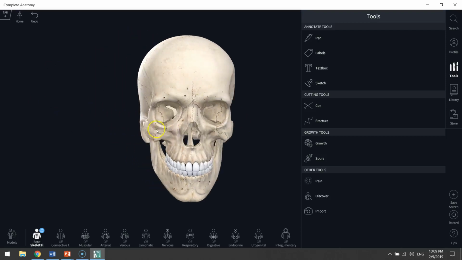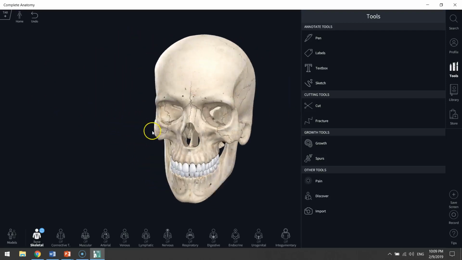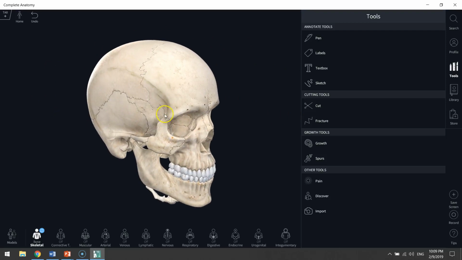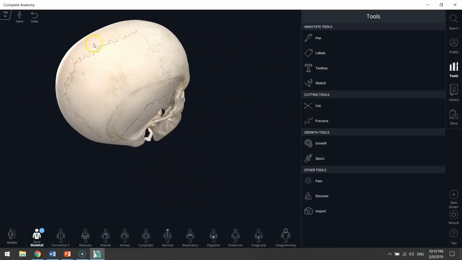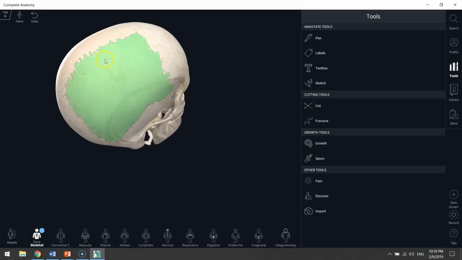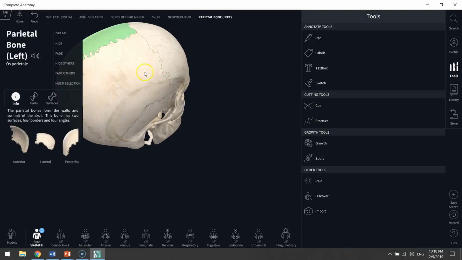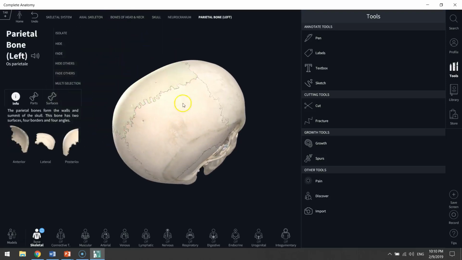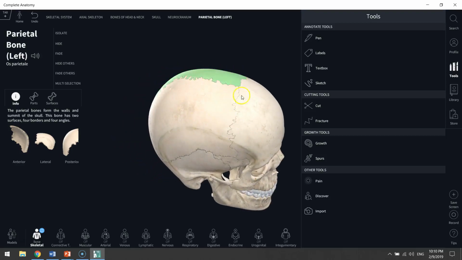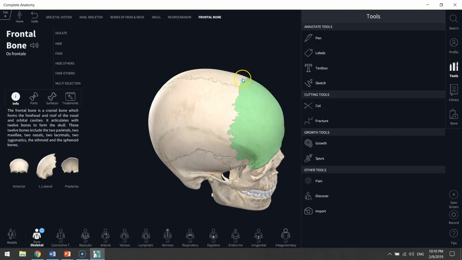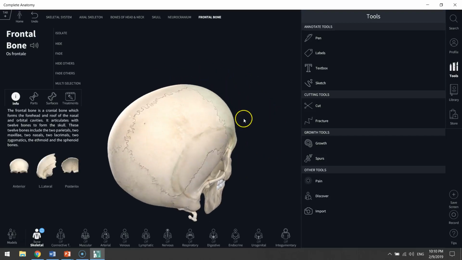This is your human skull. In this 3D model, you can see very clearly the 2 parietal bones, right and left, which form an articulation midline superiorly via the sagittal suture. Anteriorly, they form an articulation with the frontal bone by way of the coronal suture.